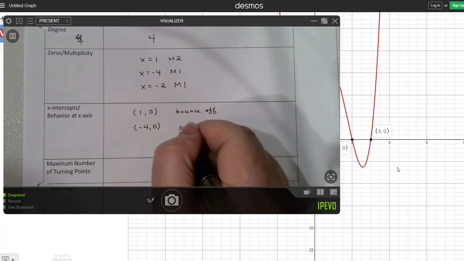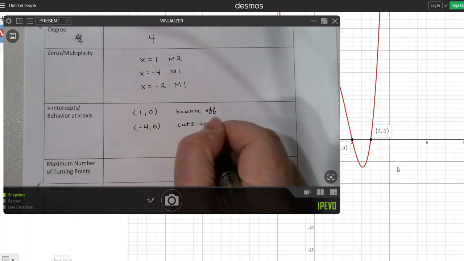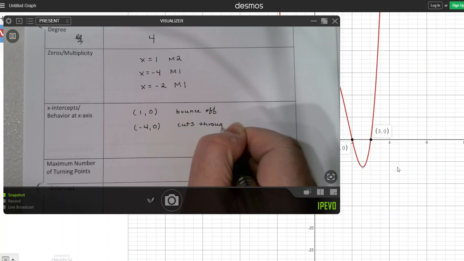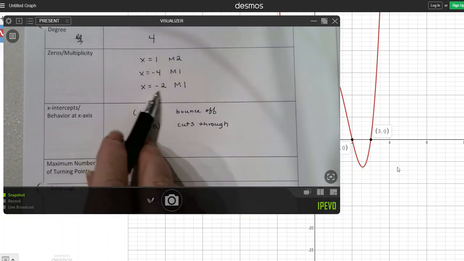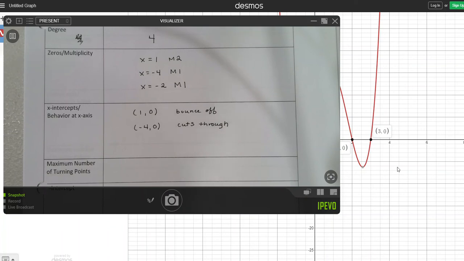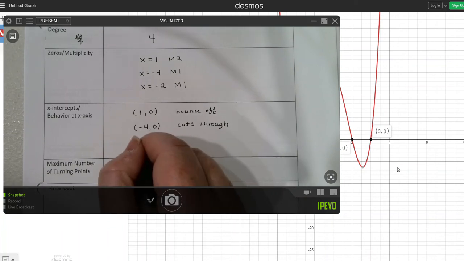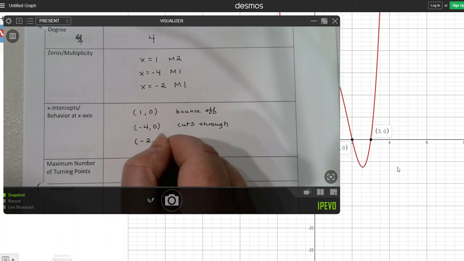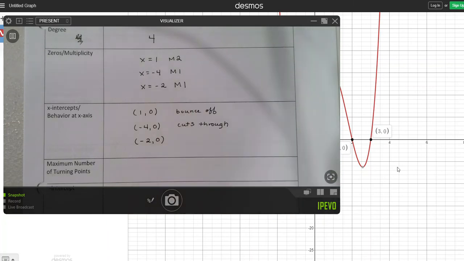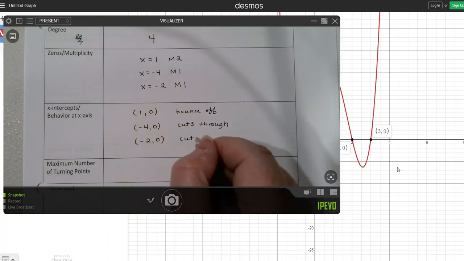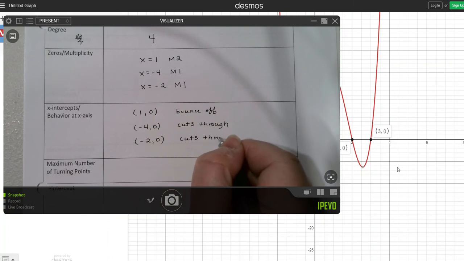Odd multiplicity, so this one cuts through. And then my last zero here is the -2, so as an x-intercept, that would be (-2, 0). And once again, odd multiplicity means that it cuts through.